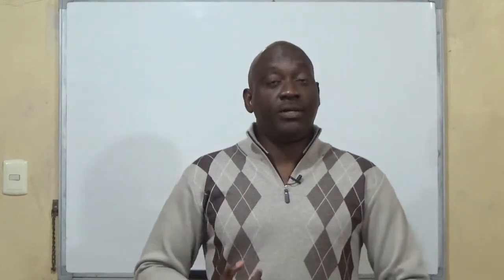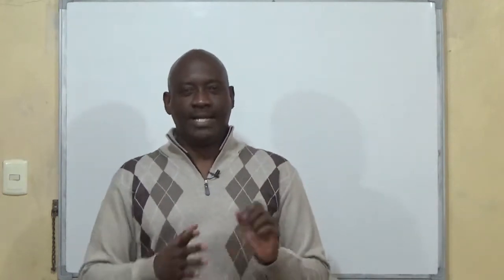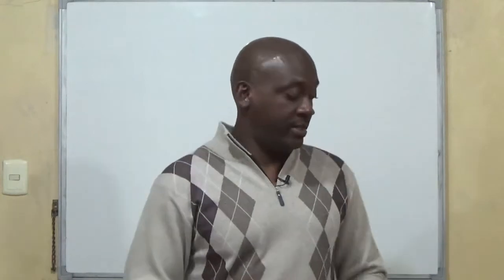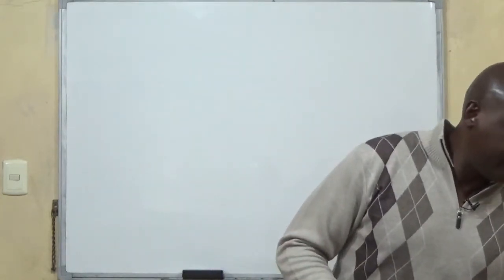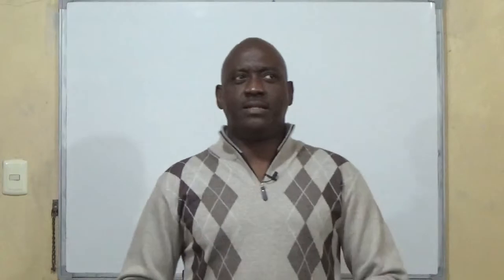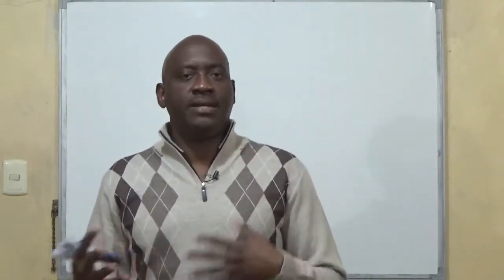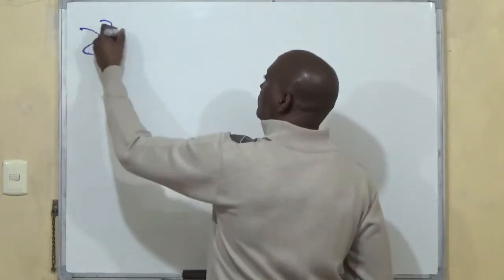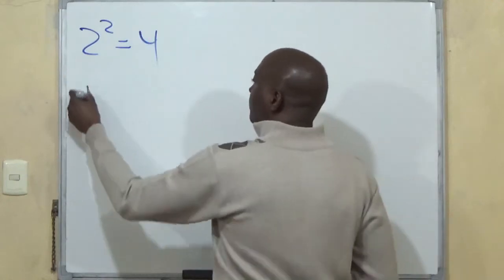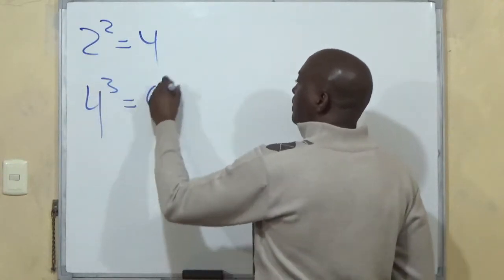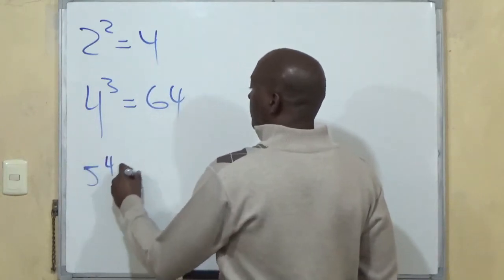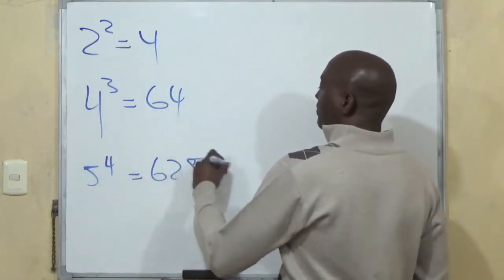They spoke in that phrase about the root, and they spoke about an integer. So, let us demonstrate by first starting with what I like to refer to as perfect powers, exact powers, anything along those lines. So let me say 2 squared. We know that 2 squared is equal to 4. We know that 4 to the power of 3 is equal to 64. We know that 5 to the power of 4 is equal to 625.